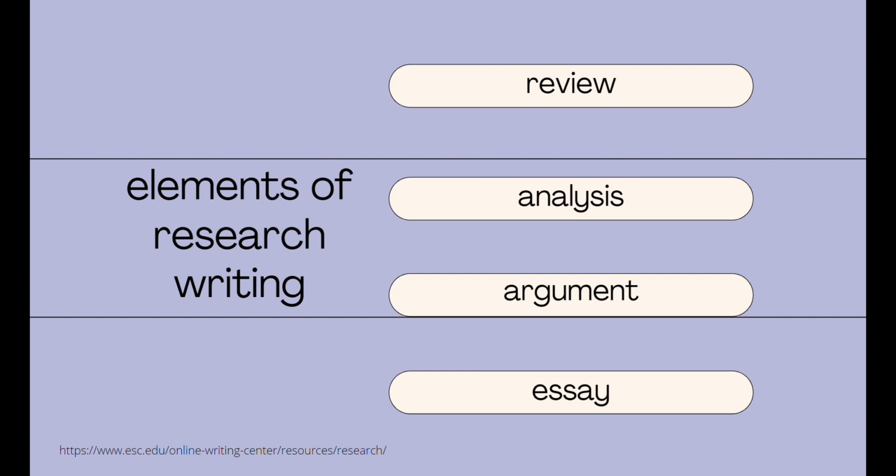Another element is the analysis. You can also find this in the structure of a research paper. When we say analysis, or to analyze, that means you are dissecting it into its constituent parts in order to inspect and comprehend.